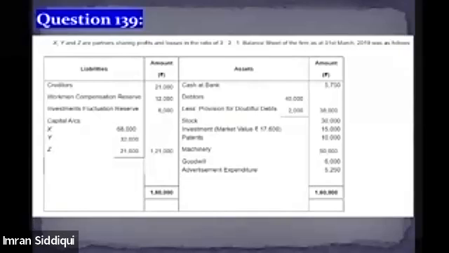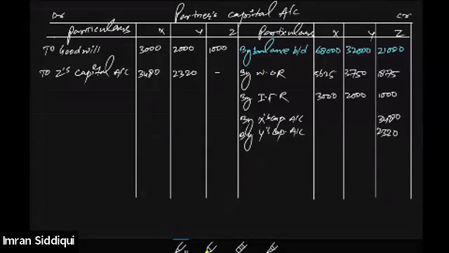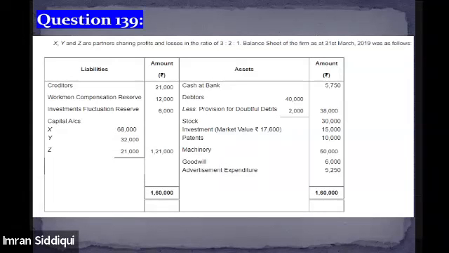Amount is 3480 and 2320. Right? Is it clear, everybody? Is it clear, Zainab, to you as well? Yes, sir. Okay.